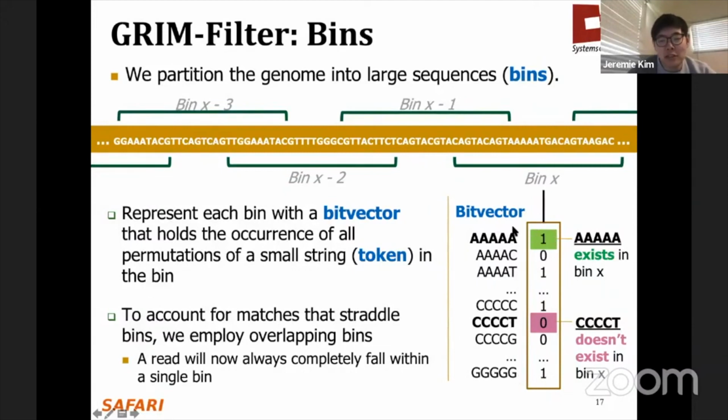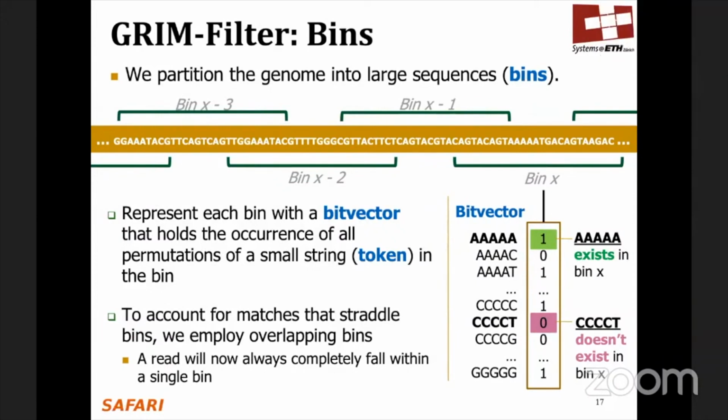And so you want to tune the bin size and the token size to have a reasonable rate of 1s and 0s. We basically just swept a bunch of different sizes and heuristically found specific values that were good for the human reference. But obviously this can be tuned based on whatever particular reference you're using.